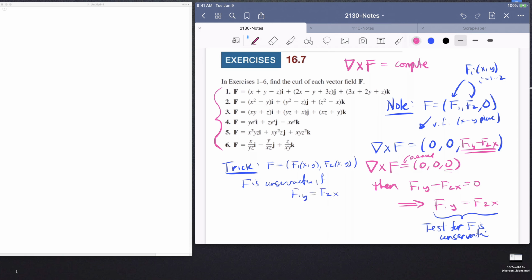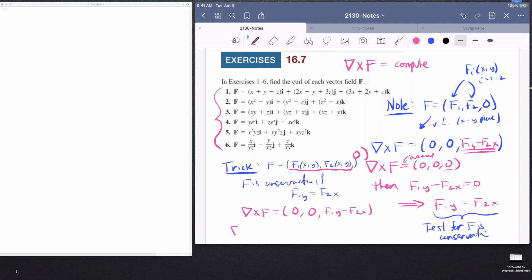And then what we did, we tricked this two-dimensional vector field into 3 dimensions so that we could then compute the curl of it. The curl is an operation on 3-dimensional vector fields, and that gives us 0, 0, f1y minus f2x.